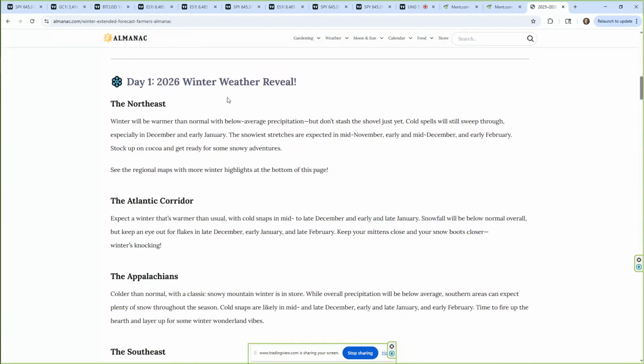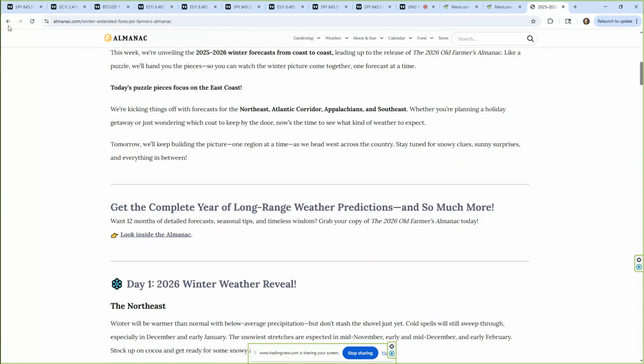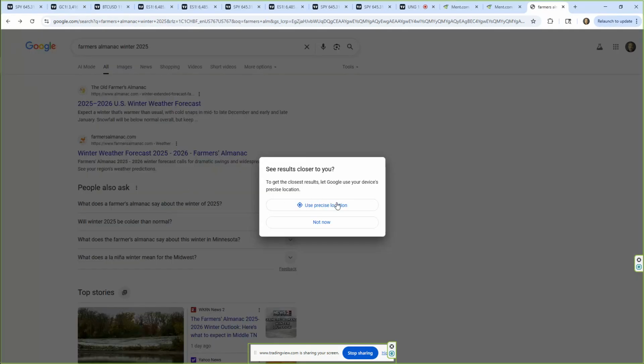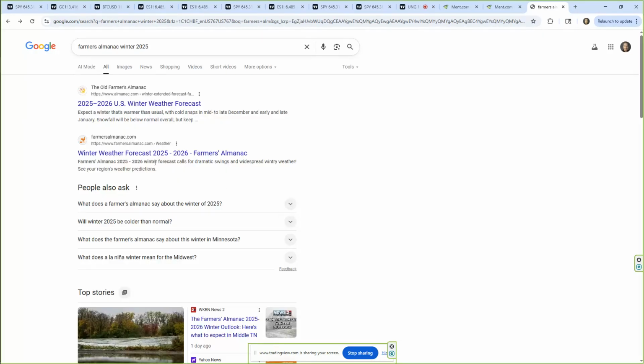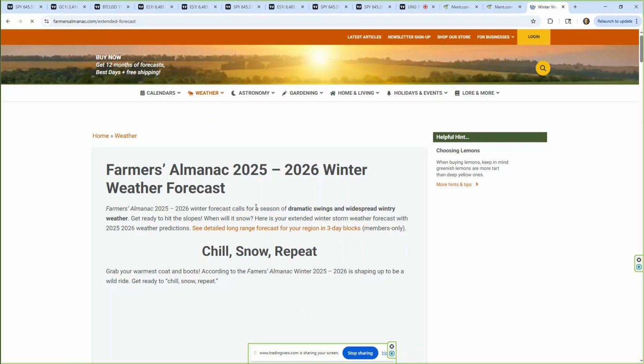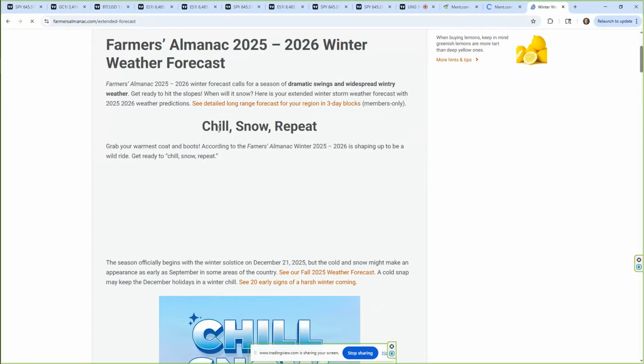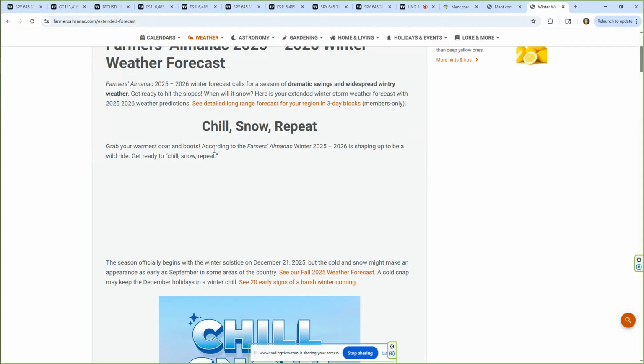Northeast. Winter will be warmer than normal, below average, day 1 of 2026. So this is not the right one. No, not now. Winter forecast. Snow, chill, repeat. Grab your warmest coat and boots. According to Farmer's Almanac, winter 2025 will shape up to be a wild ride.